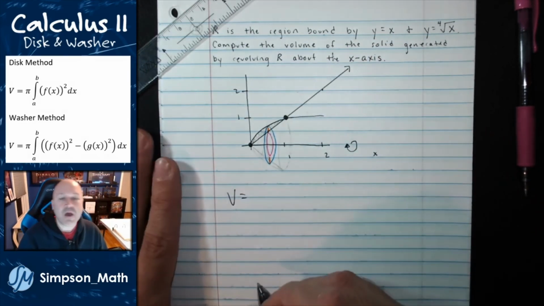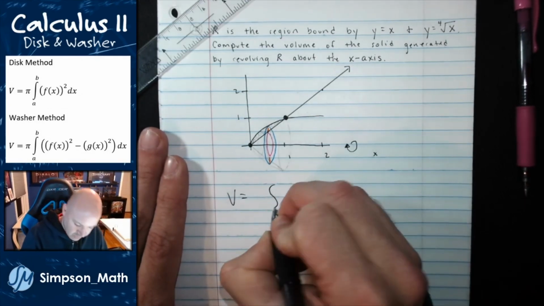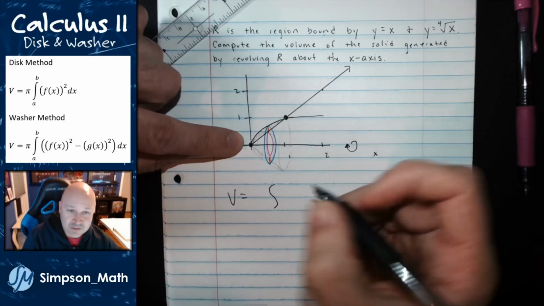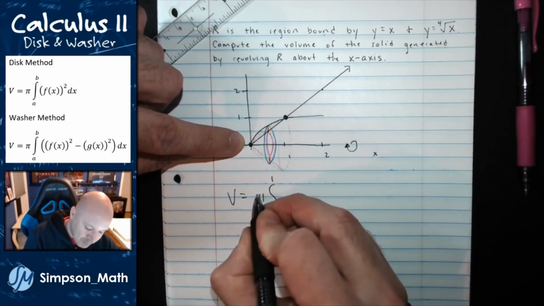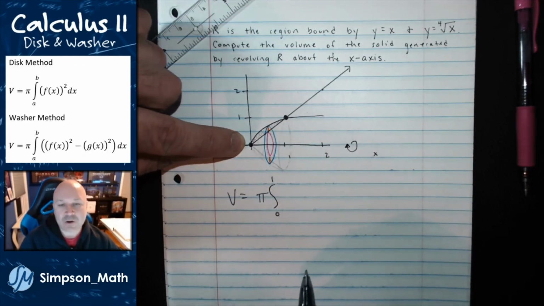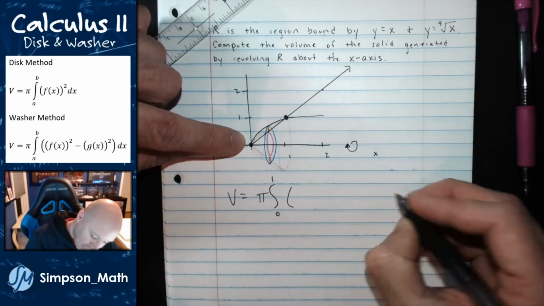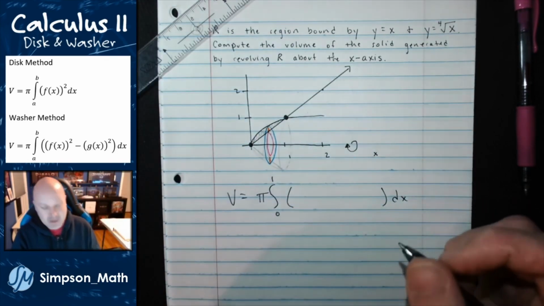So to set this thing up, I'm going to calculate the volume by integrating with respect to x, from 0 to 1, pi r squared. I'm going to pull the pi out of there, and then it's r squared. But my r is going to be a top r minus a bottom r.